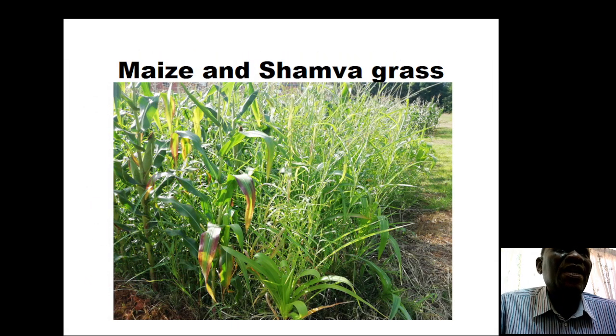Just have a look at a plot with maize and chamfer grass. You can see the maize is as tall as the chamfer grass, and there's a lot of shading here. Probably both plants are highly competitive for light, and in fact we can say chamfer grass is highly competitive for light.